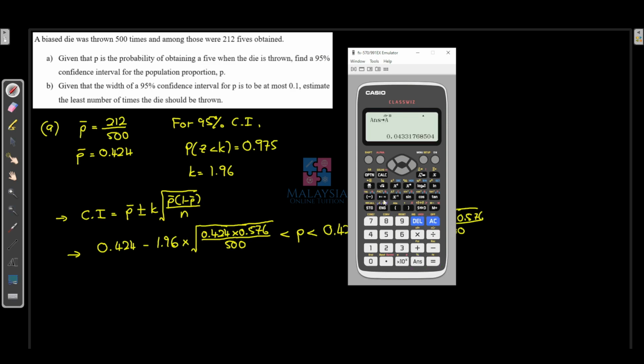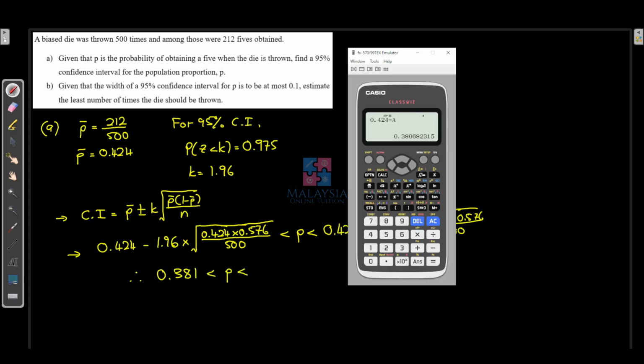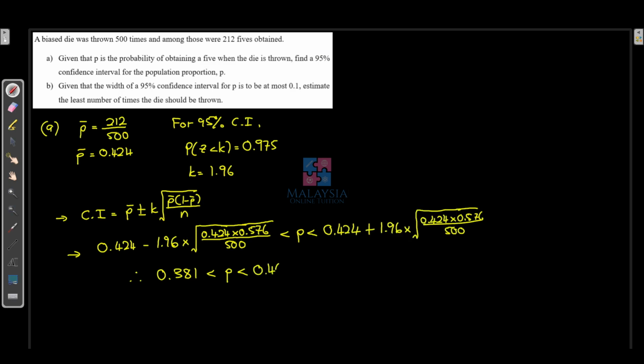We store this inside A. So 0.424 minus A, what do we get? 0.381 for the lower value, and then less than the population proportion, and then the last one, we plus A, we get 0.467. Correct to 3 significant figures for the final answer. So this is the final answer for question number 5, part A.